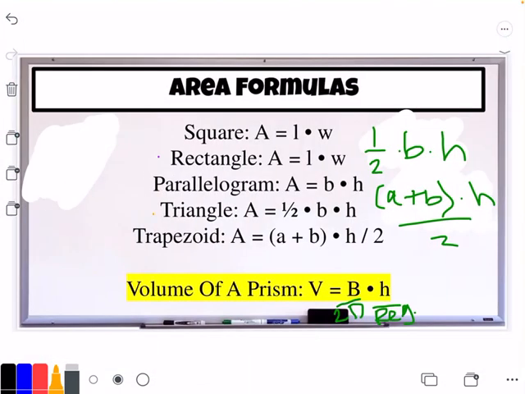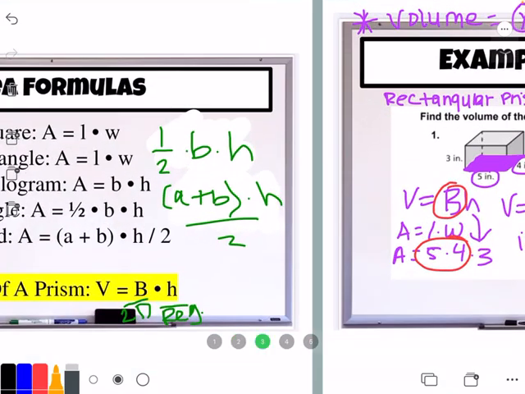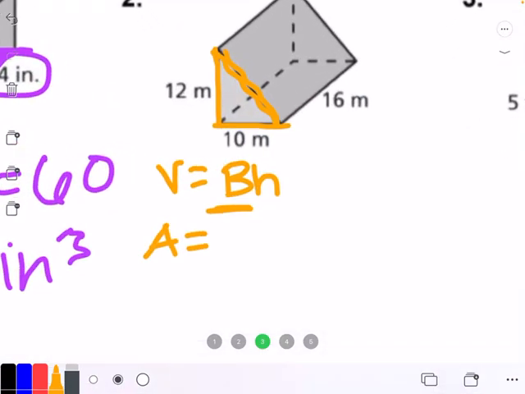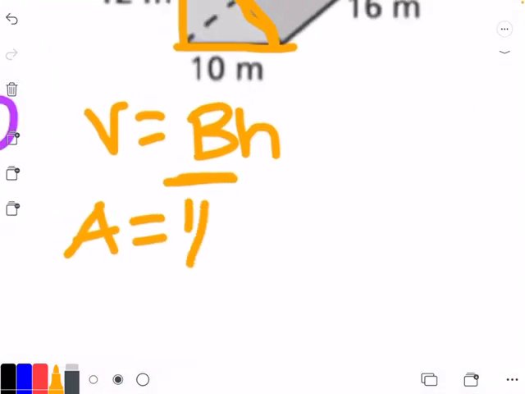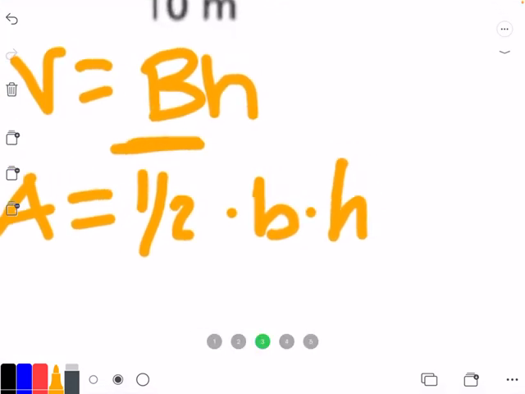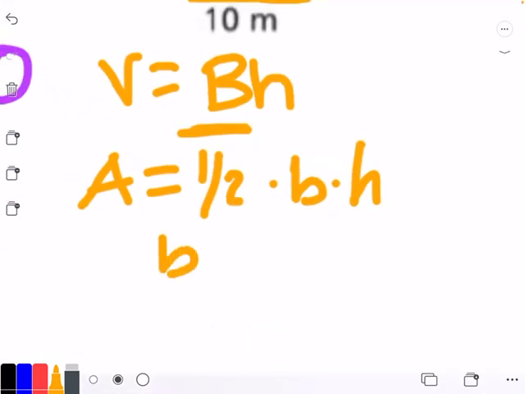For a triangle, area equals 1/2 times base times height. You can also do base times height divided by 2. But I'm going to do 1/2 times base times height.